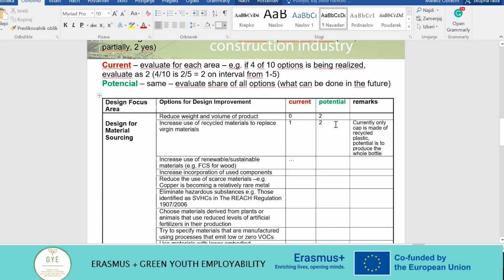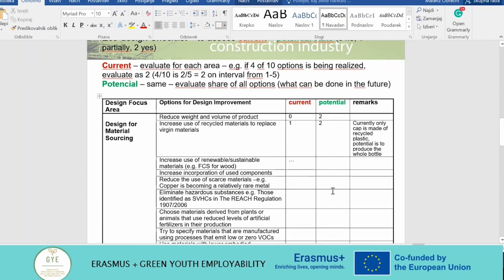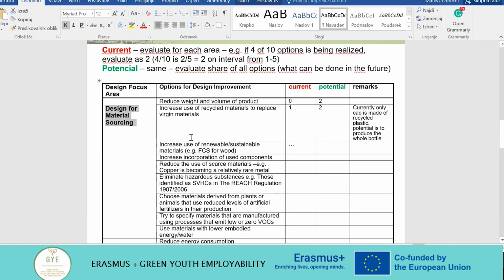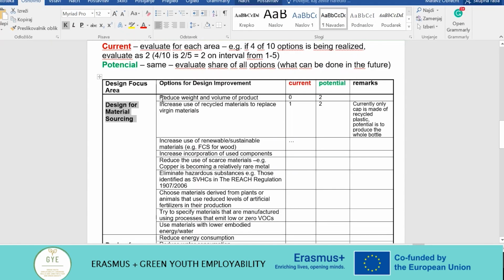And then out of these numbers, you will assess what the current situation is and what the potential is for design for material sourcing. So you will add up all of these numbers and divide them by the number of options. You can see it here, you have 1, 2, 3, 4, 5, 6, 7, 8, 9 options.